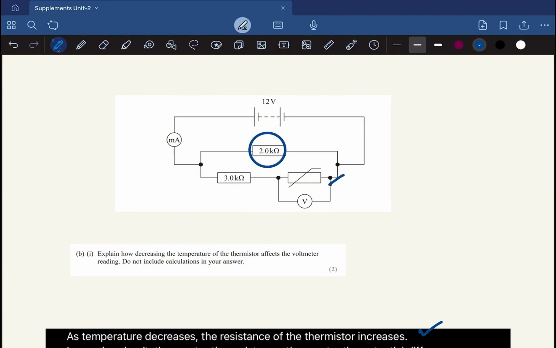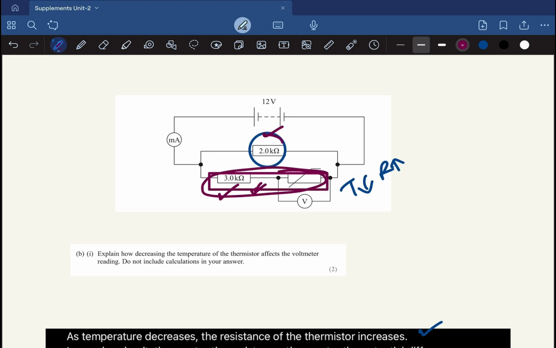The temperature decreased and the resistance increased, right? Now the main concept that you guys will have to understand is that this as a whole is a series section, but this with this one is a parallel section. This whole series section is in parallel with this 2 kilo ohm resistor, right?